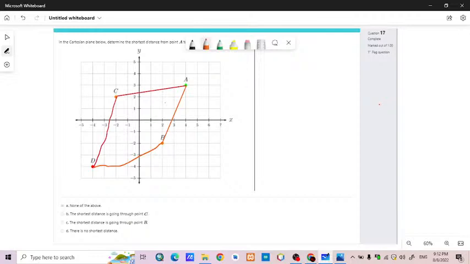So the only thing you can do is to calculate the distance from here to here, and the distance from here to here, and then add those two distances. Then calculate the distance from here to here and from here to here, and add those two distances. From there you can tell which one is shorter.